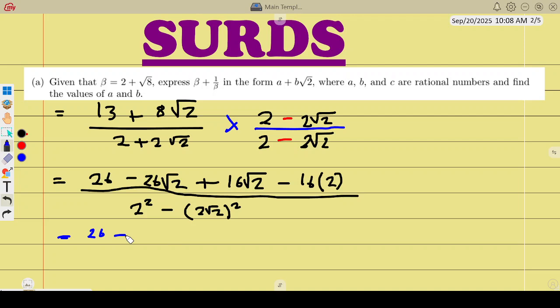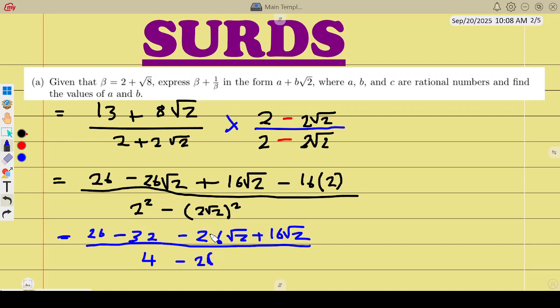So 26 minus what is the like term? It is this one here. So 16 times 2, we know it is 32. Minus 26 root 2 plus 16 root 2 over 2 squared, that's 4, minus root 2 squared, that's 2.